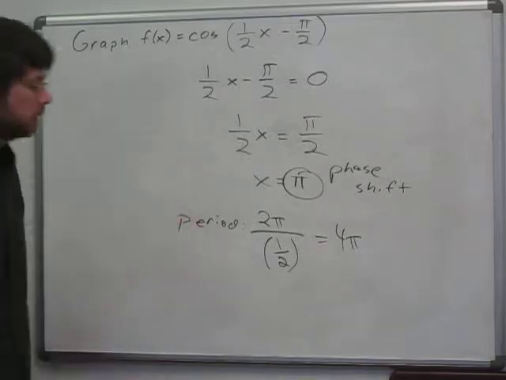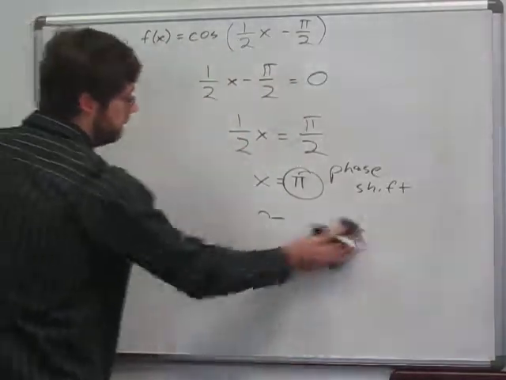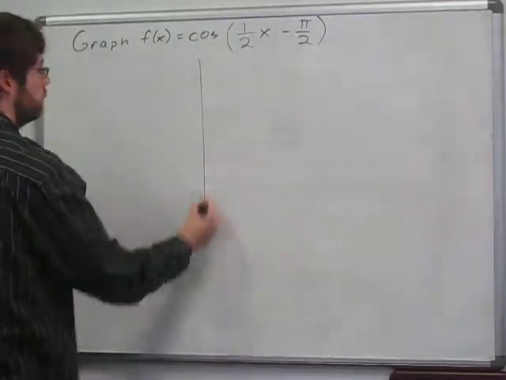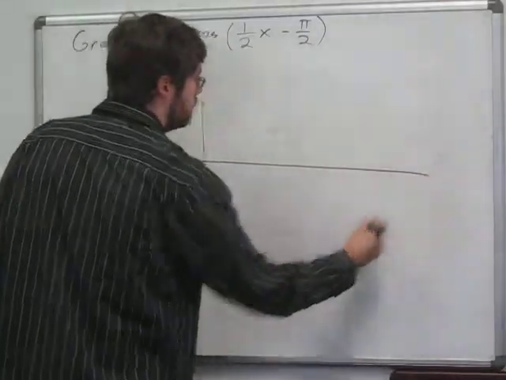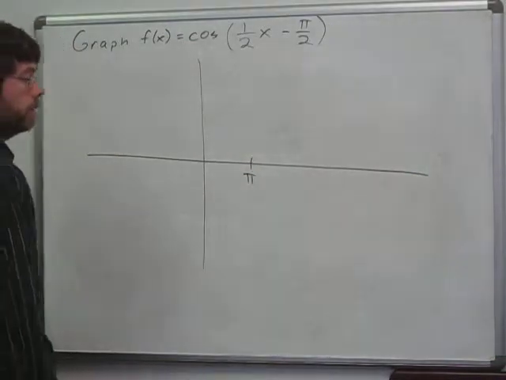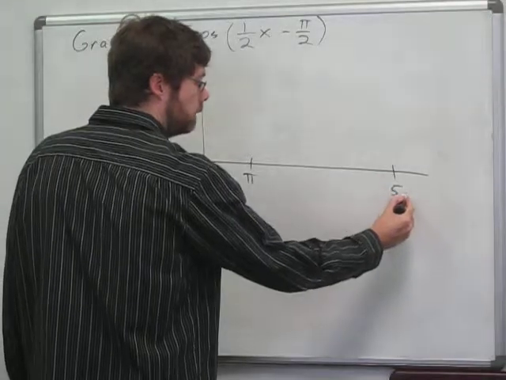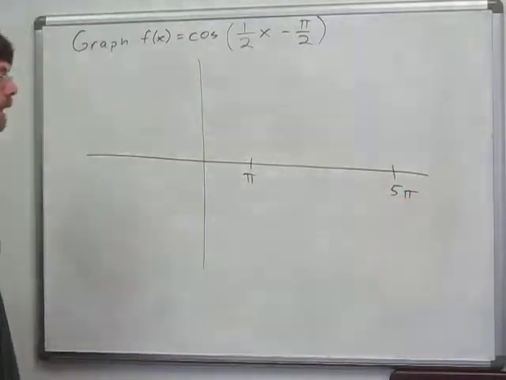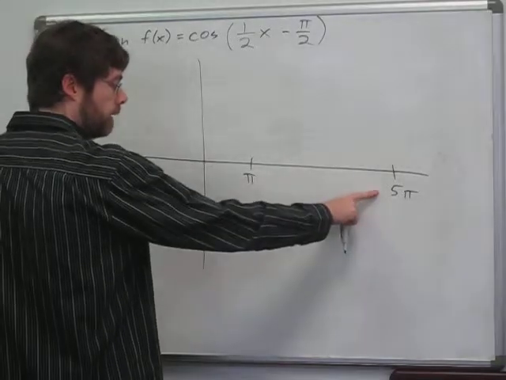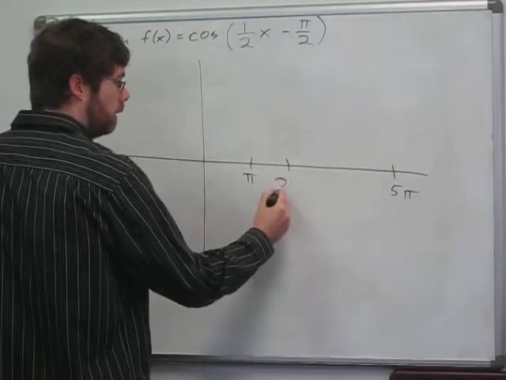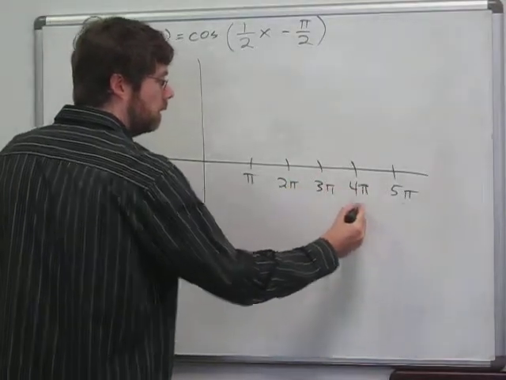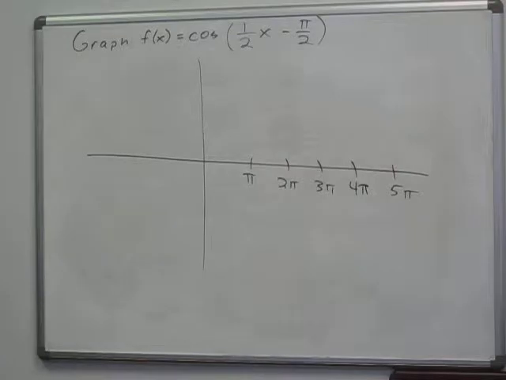So with this information, let's go ahead and graph this function. Alright, so the phase shift was pi. The period is 4 pi, so I'm going to go all the way out to 5 pi. Take the interval and chop it into quarters. Well, 4 pi divided by 4 is just pi. So I'm going to keep adding pi to get my subintervals.